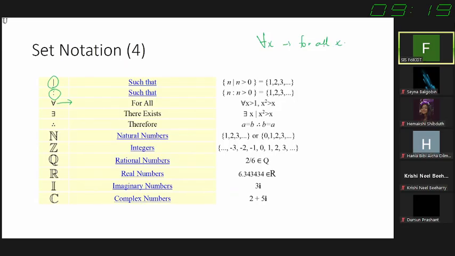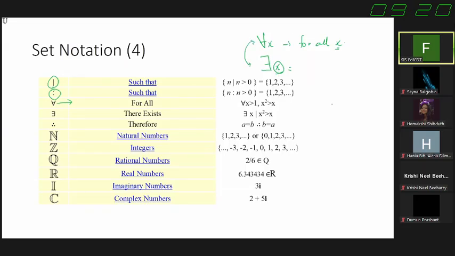Remember that we're using a small letter here. This stands for there exists, or for some. So we're saying that for some values of x, something will happen. It's very important that you understand the difference between these two.